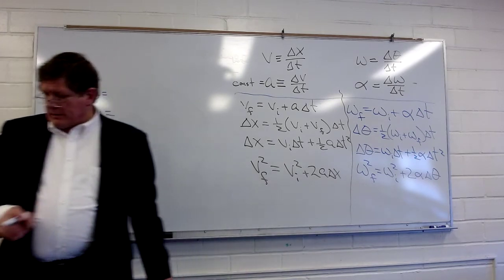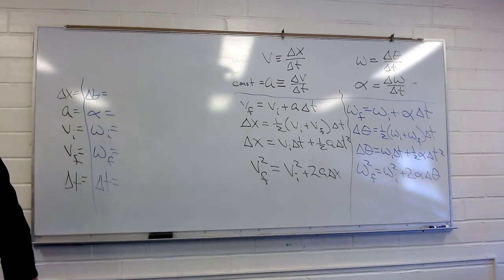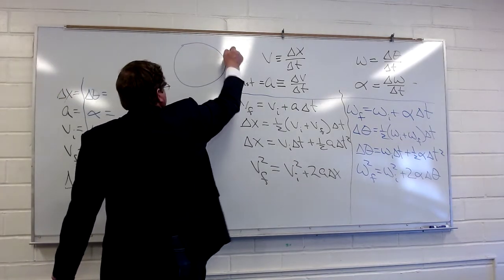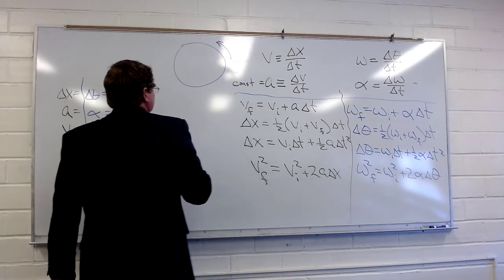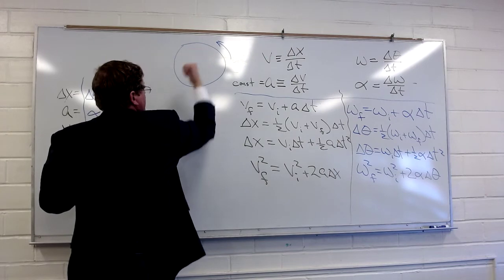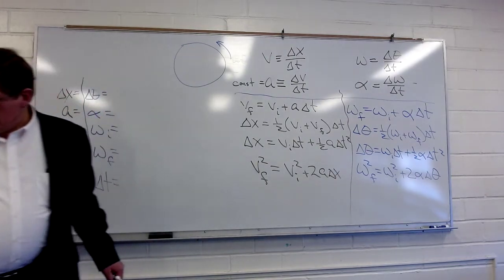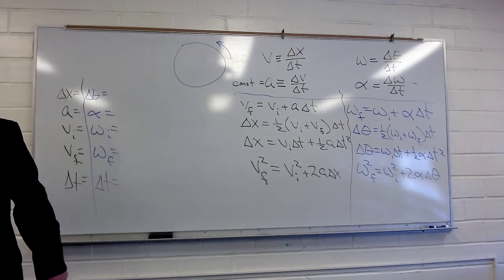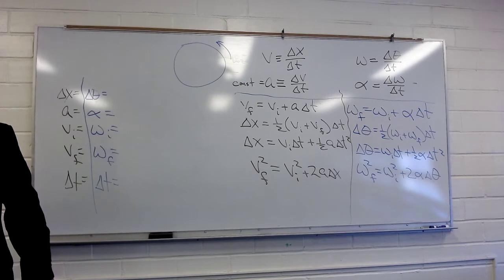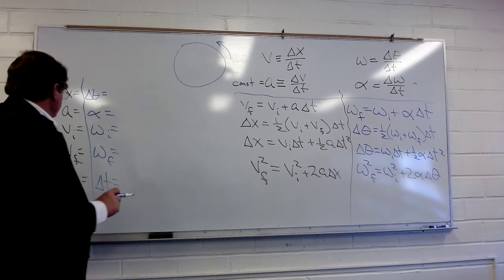So in this problem, we're told that there's a wheel, and this wheel is turning that way. Now that's going to give me an omega out of the board. We're also told that it starts from rest and that in a certain amount of time it makes 30 revolutions.